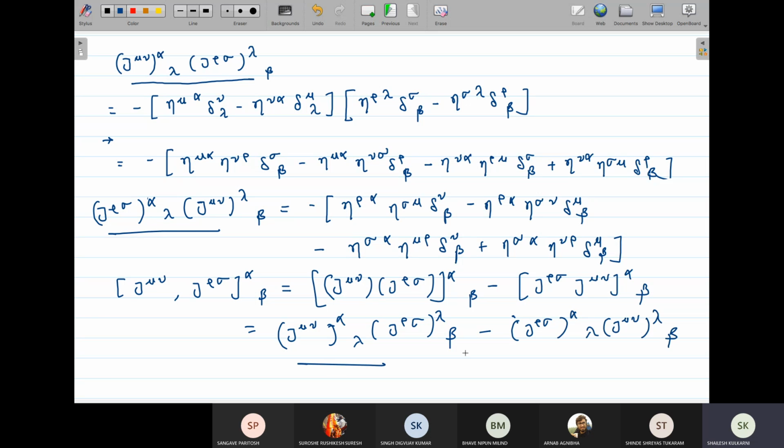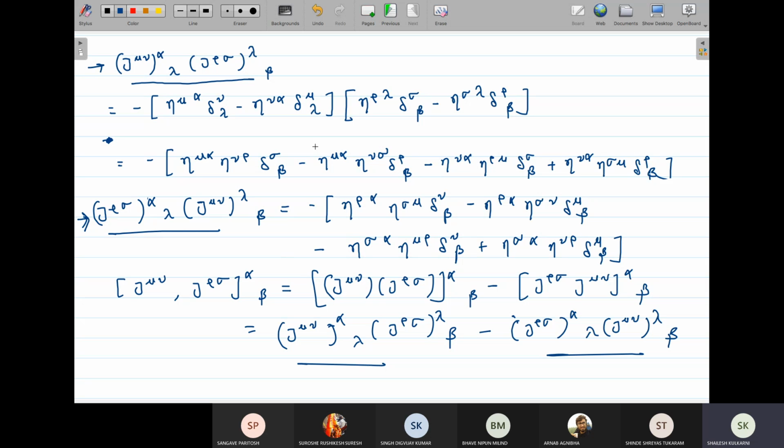And these two terms are this one and this one respectively, right? So this one and this one, not this one. So the expression for this is this entire term, the expression for this is this entire term.